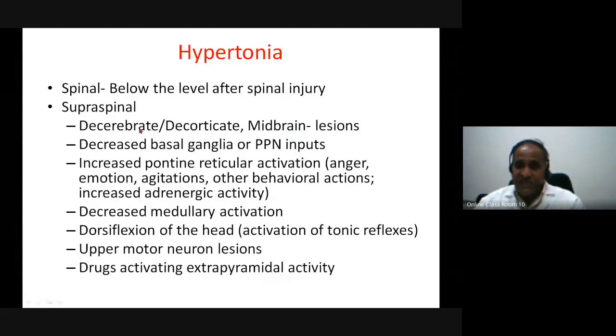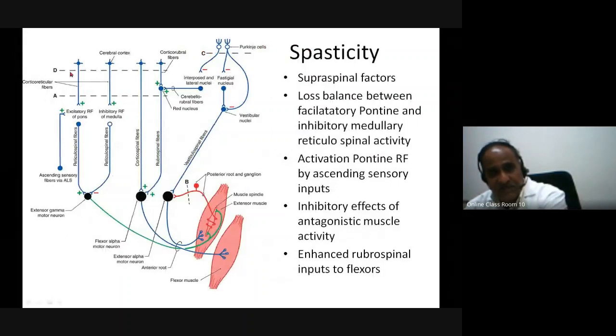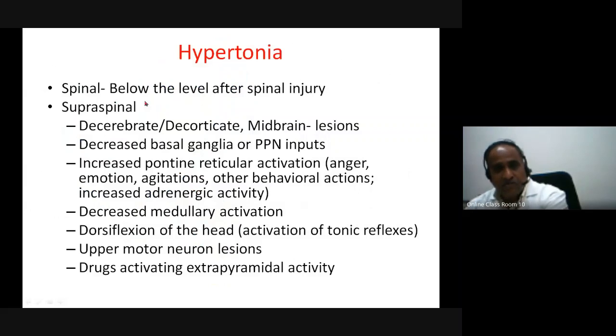If you look back at the previous diagram, when you have cut here, it is a decerebrate preparation, and there is an increased gamma motor neuron discharge on the extensor group of muscles, and that would produce the hypertonia.